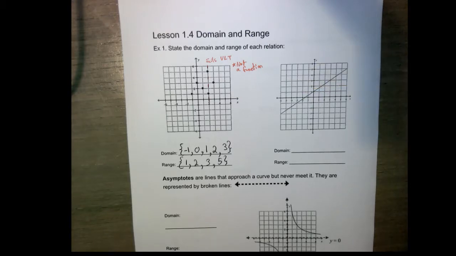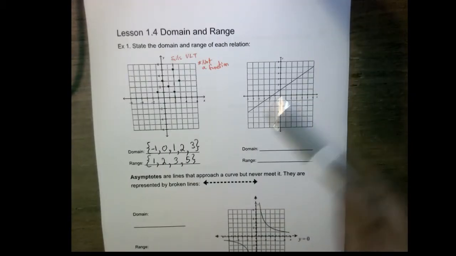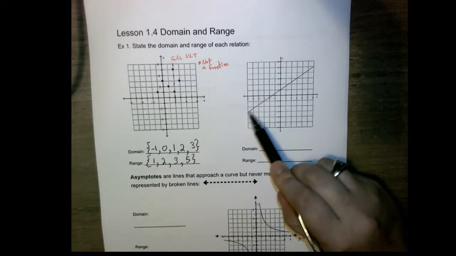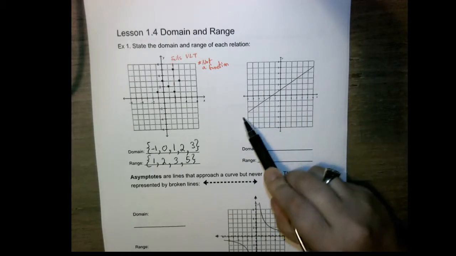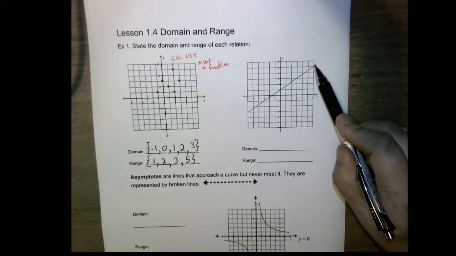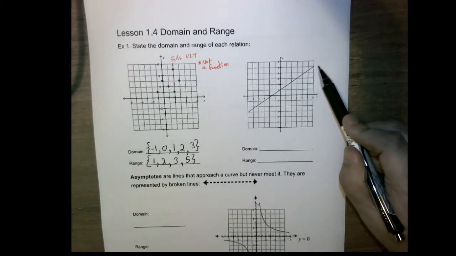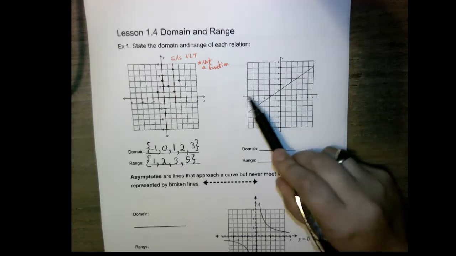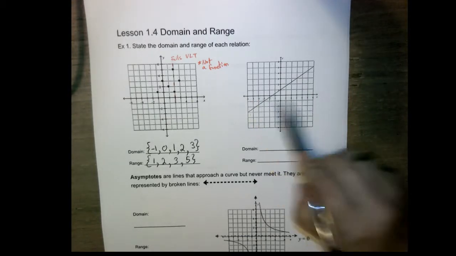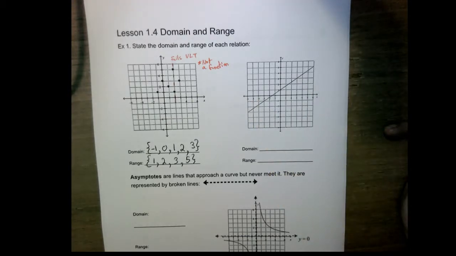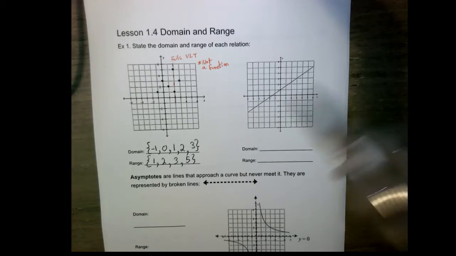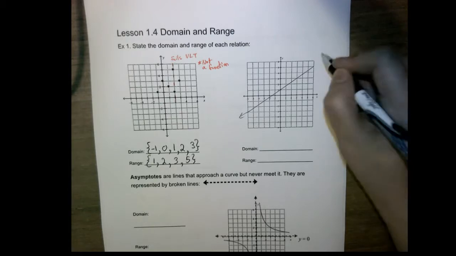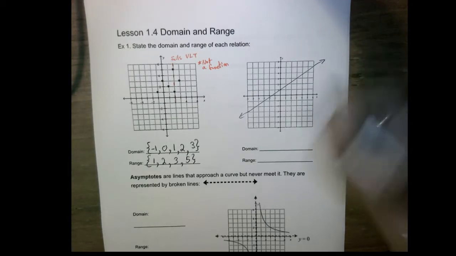Okay, so let's look at identifying for a line. When I'm looking at this line, what I'm really doing is asking myself, is there any number that x cannot be? It looks like x exists for every number that's visible, and I'm going to assume it keeps on existing in this direction forever, and in this direction forever.